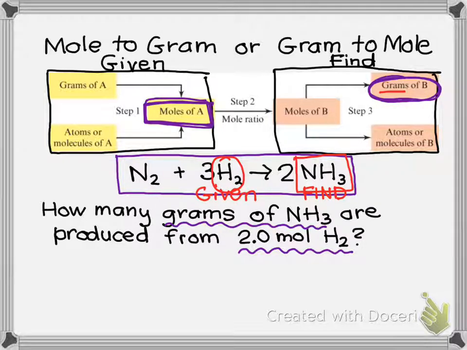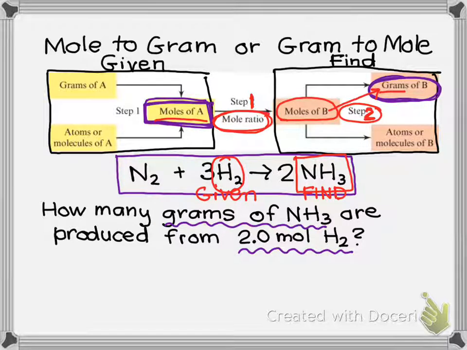So looking at my plan, if I'm given moles, I can jump right in and use the mole ratio. So the first thing I'm going to do is use the mole ratio, but that would only get me to moles of B. So if I want to go from moles of B to grams of B, it's going to require another step. In this case, this would be step 1, and this is going to be step 2.